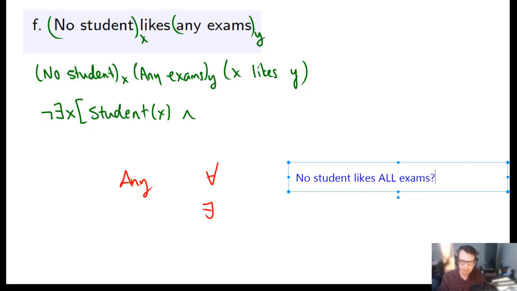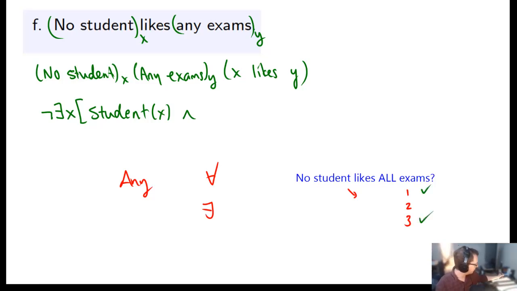If you think about this, let's say there's 3 exams and a student liked 1 and 3, but didn't like 2. Well, this sentence would be true because they don't like all the exams. They just like some of the exams.